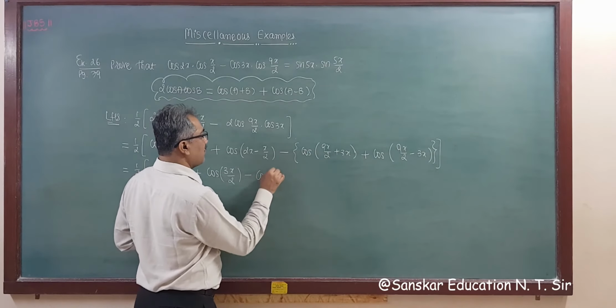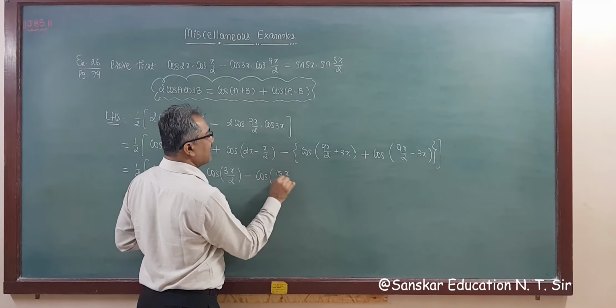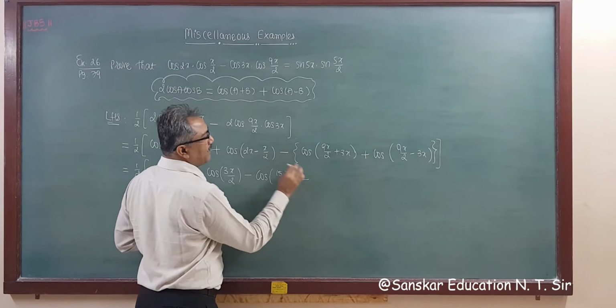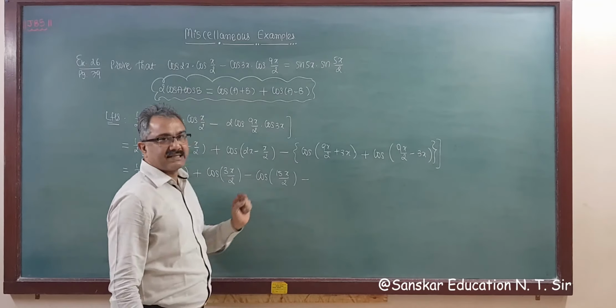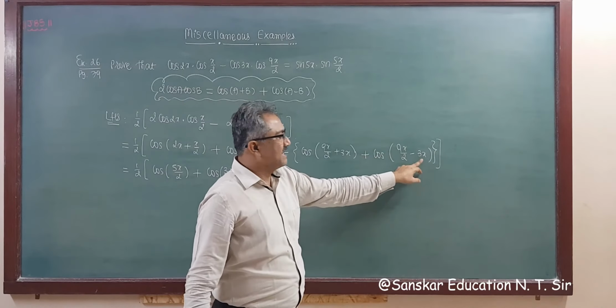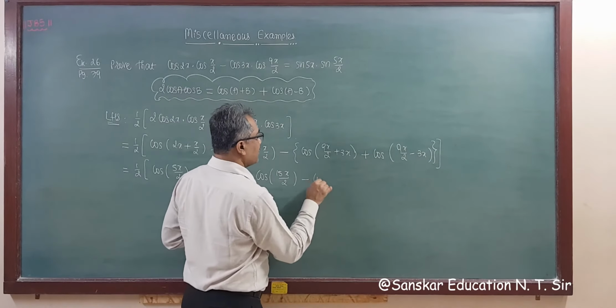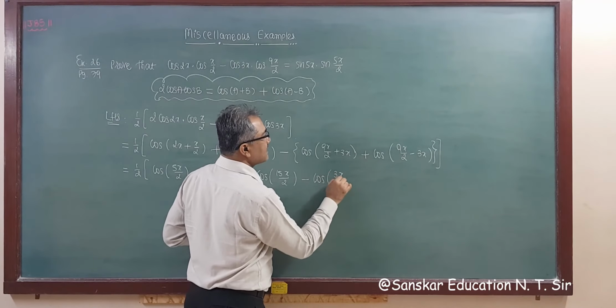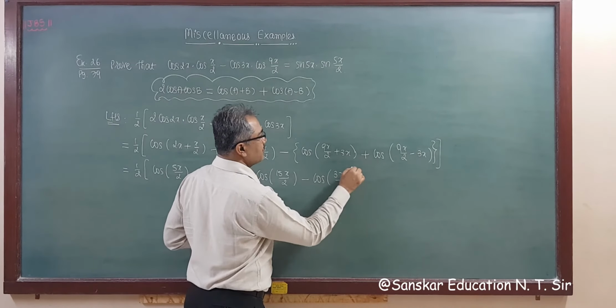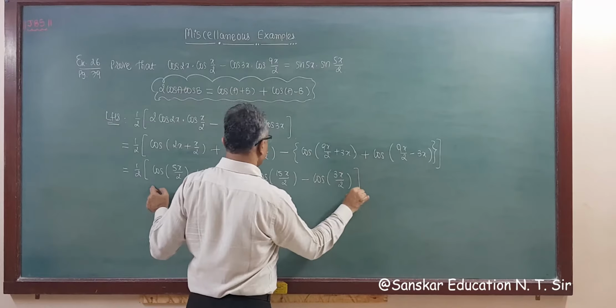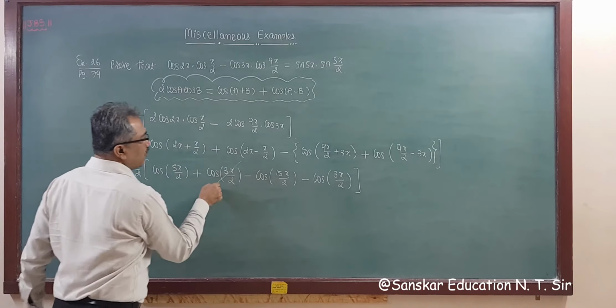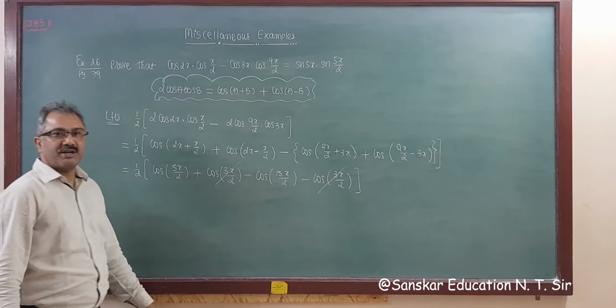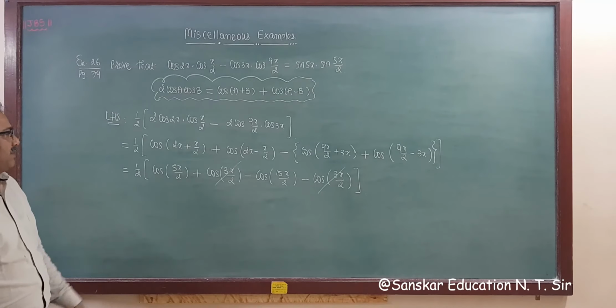So minus cos 15x by 2 and plus, minus minus 9 minus 6, that is 3, so cos 3x by 2, and the bracket is over. So plus cos 3x by 2 and minus cos 3x by 2 will be cut.